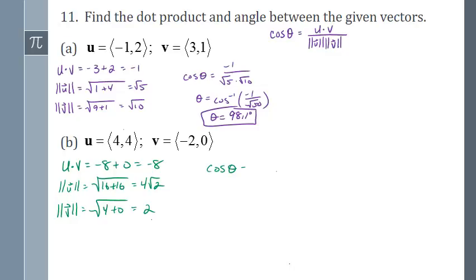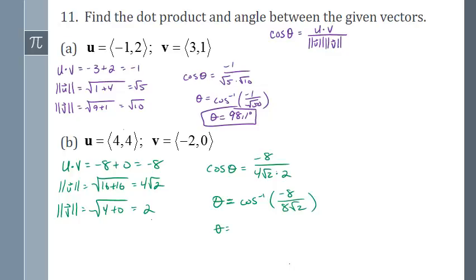So cosine of our angle is negative 8 over 4 rad 2 times 2. So the angle, when we plug that in, is the inverse cosine of negative 8 over 8 rad 2.